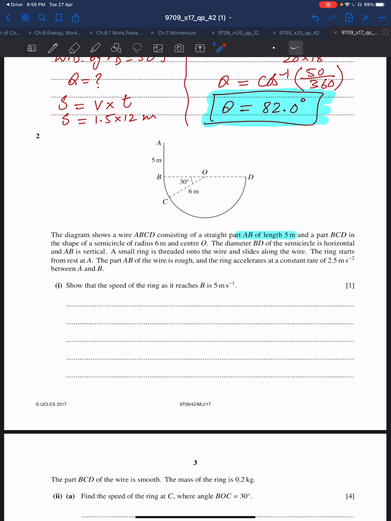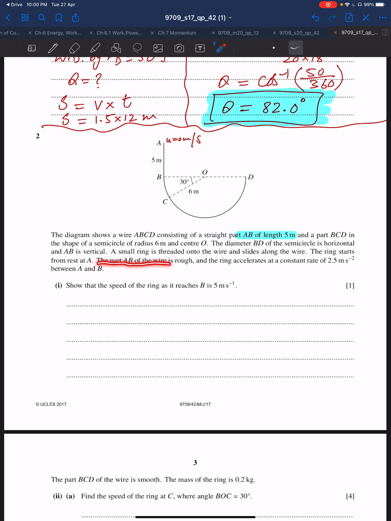A small ring is threaded onto the wire and slides along the wire. From here, the ring slides and comes to B. The ring starts from rest at A, so the velocity of the ring at A is 0 meter per second.